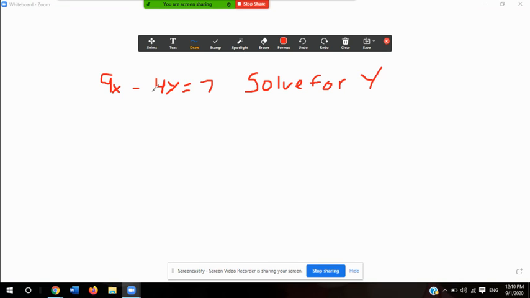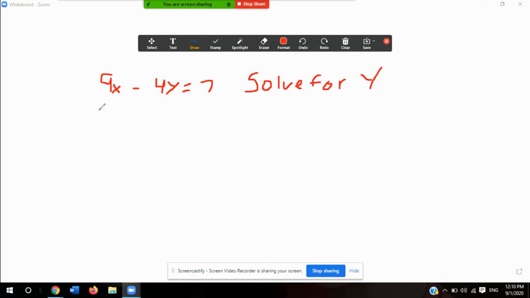So if I'm going to solve for y, that means that I have to get rid of the 9x. Now I'm going to subtract 9x. And why do I subtract 9x? Because a common mistake is that people see this minus sign here and they'll just go ahead and add. We're not adding, we're subtracting, because the 9x is positive.